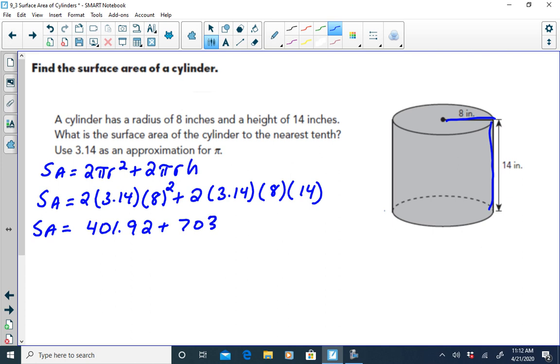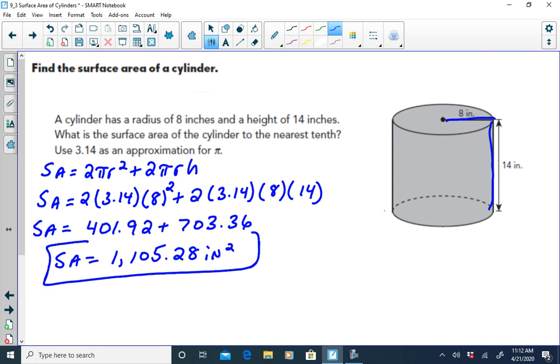That should be 703.36. We find the sum of the base area and your lateral area, and that's going to be 1,105.28, and those are square inches. All right? Okay. All right, one more.